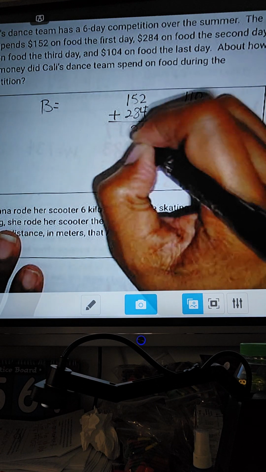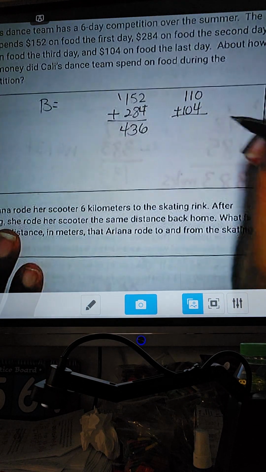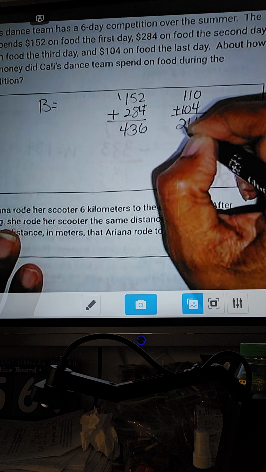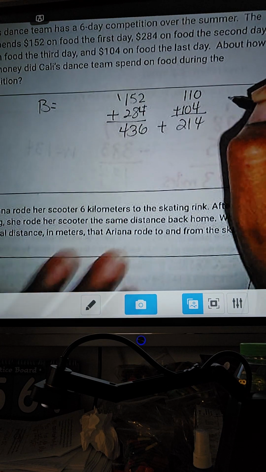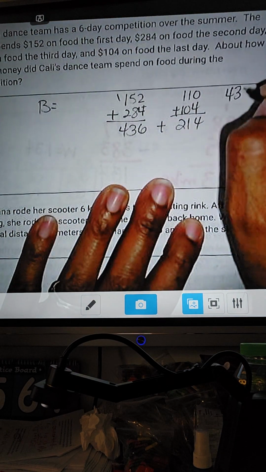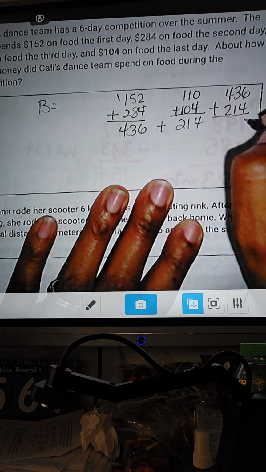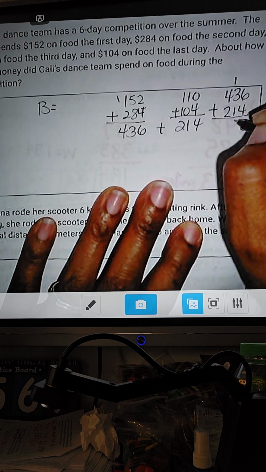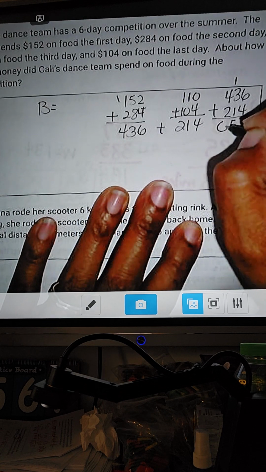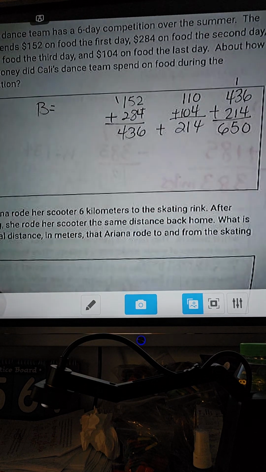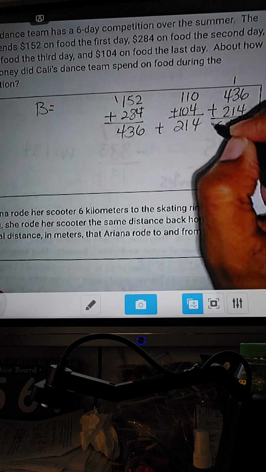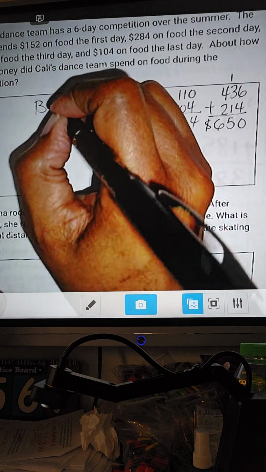That gives 436 and 214. And then I need to add these together. 436 plus 214 is $650. B equals $650.